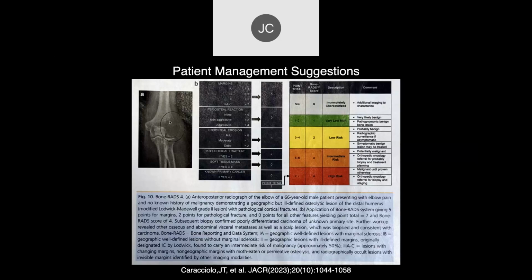And then finally here we can see a lesion with kind of ill-defined margins, kind of marked thinning of the cortex, and we can see there's a pathologic fracture here. So the margins were worrisome, pathologic fracture, a total of 7 points, and so this was worked up, and I think this was a malignant lesion, but I forgot the diagnosis here in reading the paper.